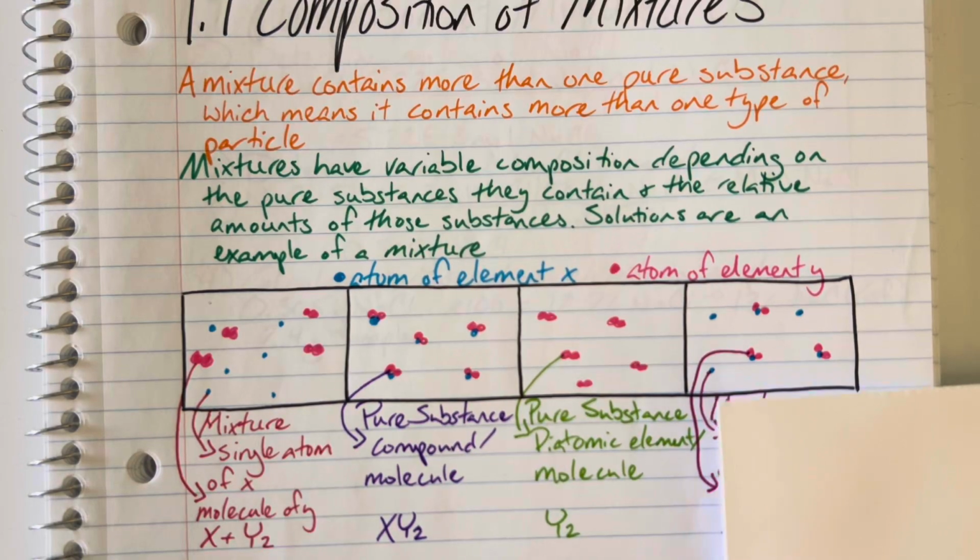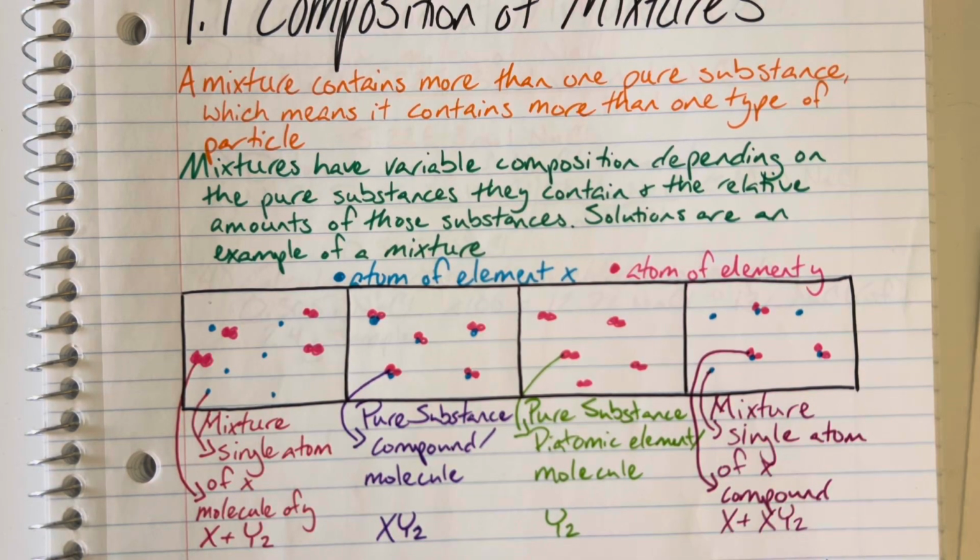And then last up, we have another mixture again, where we have just a single atom of X along with the compound XY2. So those are three different instances where we have different combinations of the element X and the element Y in different configurations there, and all of them can be classified slightly differently and use slightly different terminology for those.